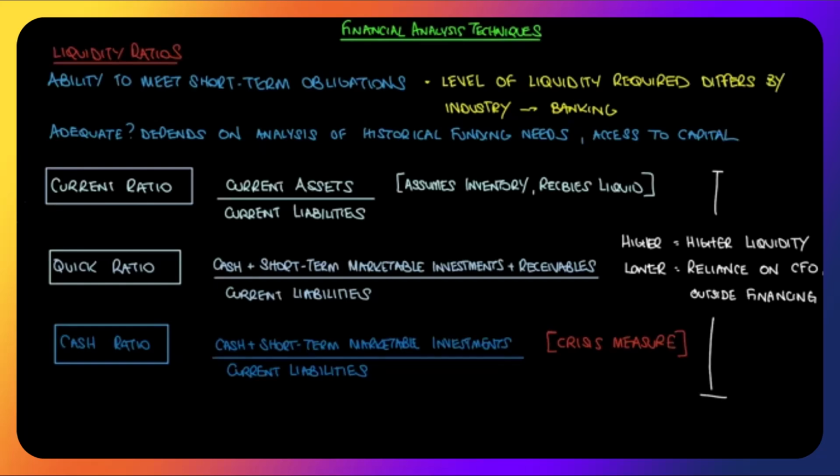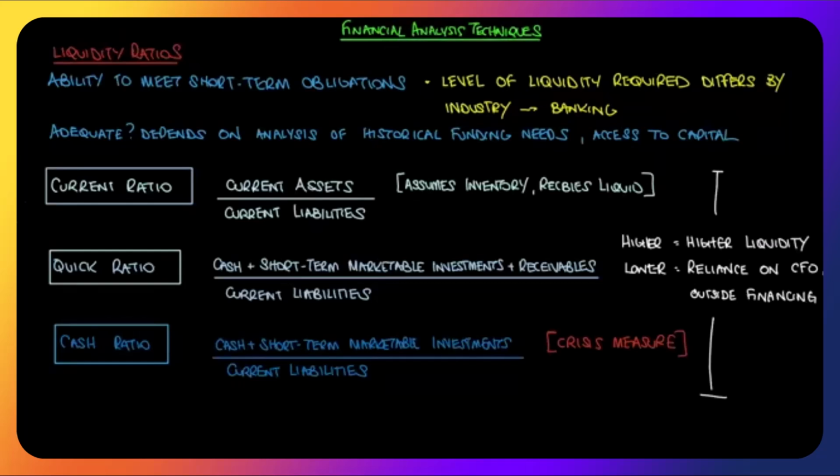Next up, liquidity. We said liquidity was your ability to meet short-term obligations. The level of liquidity you need differs by industry. Recording this in the first half of 2023, looking at the banking industry, going through some troubles. Due to liquidity issues, once your customers start to withdraw your cash, you can be in trouble. You have to have reserves available to meet those withdrawals.